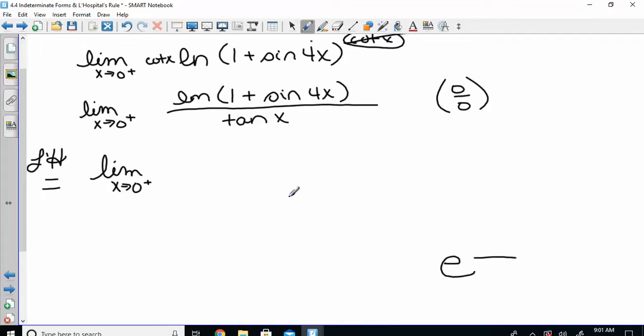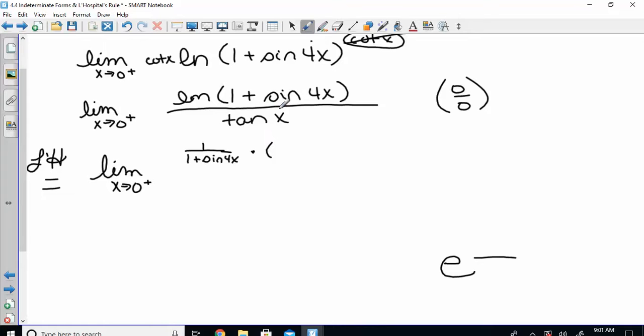Okay. Derivative of a log is 1 over the argument. So we have to do a chain rule, so times the derivative of the inside.